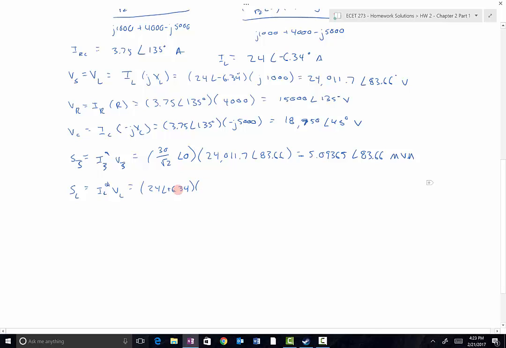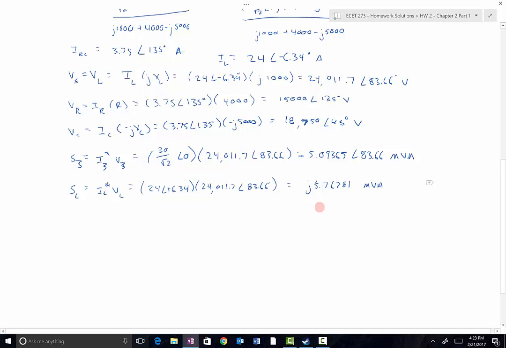Now I need to multiply that by the voltage across the inductor, which was 24,011.7 at an angle of 83.66 degrees. And if I multiply those together, I end up getting j5.76281 megavolt amps.